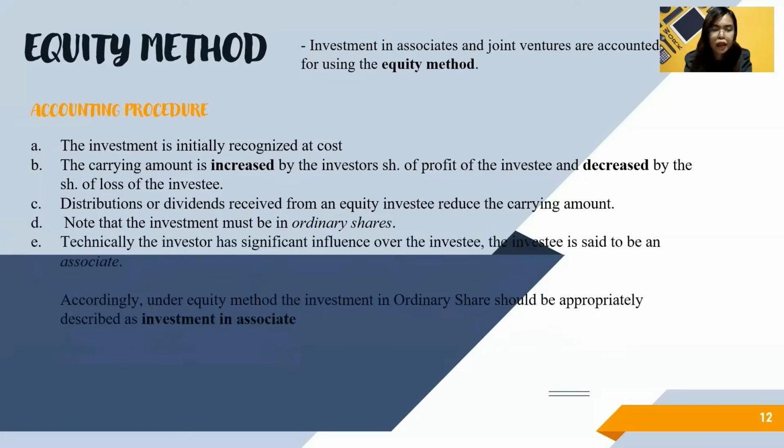So letter E, technically, the investor has significant influence over the investee. The investee is said to be an associate. So, accordingly, under the equity method, the investment in ordinary shares should be appropriately described as investment in associate.